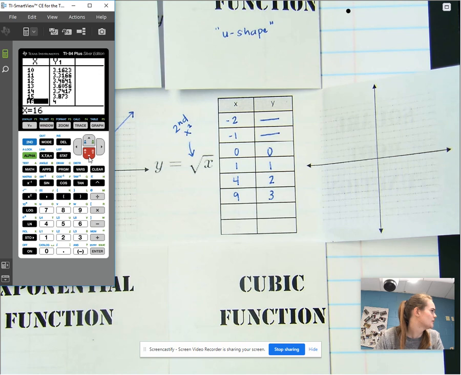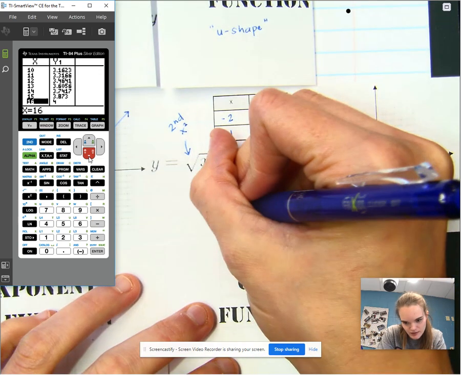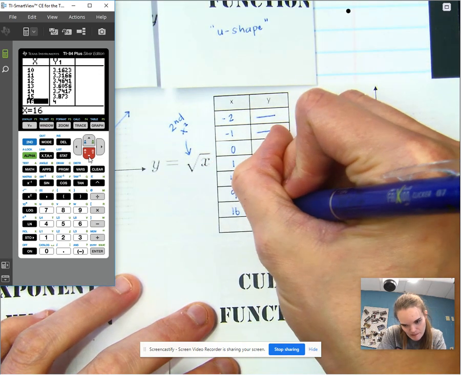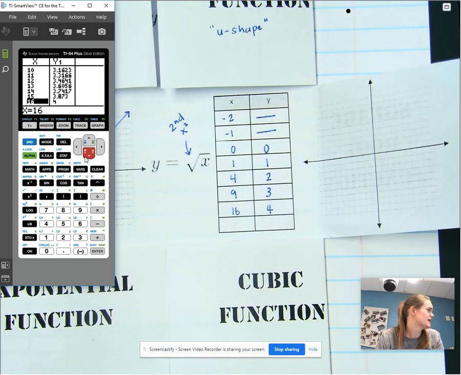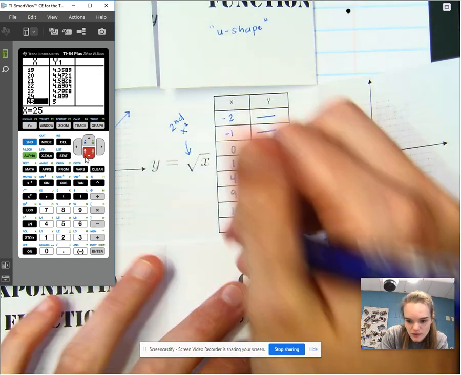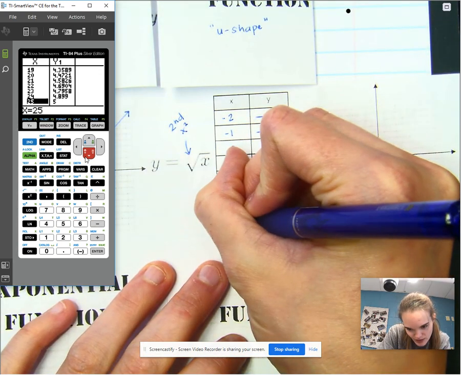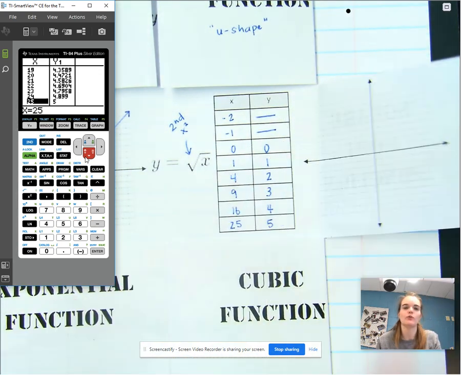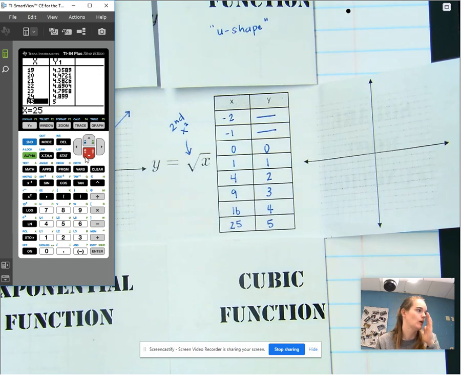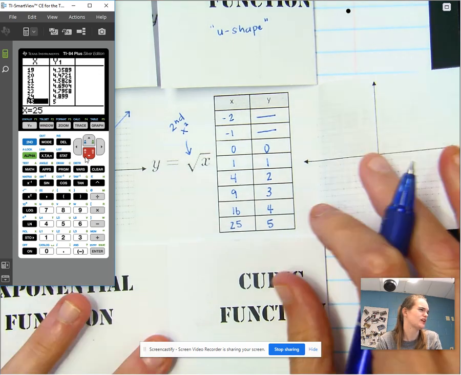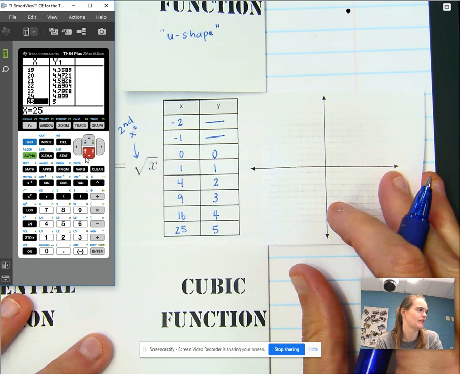Whole number, 16. Okay, let's keep going. We're filling the table in. Oh, 25. 25 and 5. So we only change the table if we have some decimals we don't want, okay? Because we don't want to graph decimals, we don't want to have to worry about that.